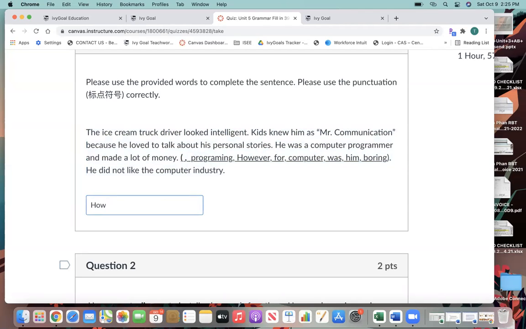computer programming, you're right there. Computer programming was boring for him. Very good. Was boring for him. Excellent.